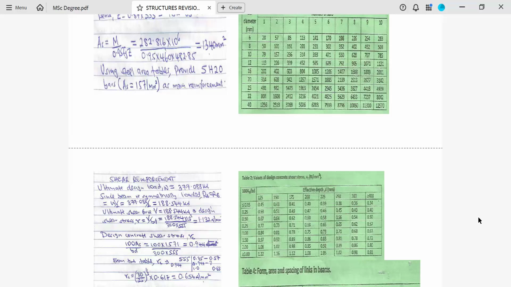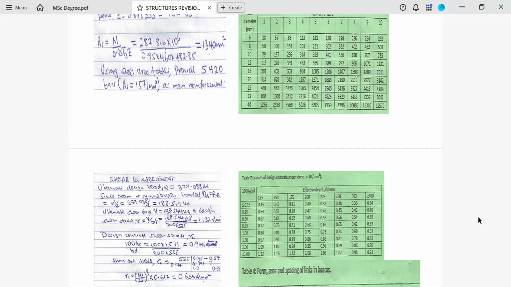That is why we multiply by 10 power 3. Then we had our B as 300 and our D as 555. Now we shall end up with 1.132 Newton per millimeter square. Then this design shear stress means the applied load will make the beam undergo that stress.